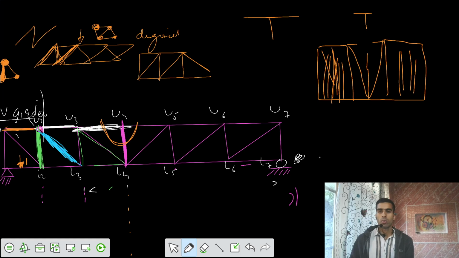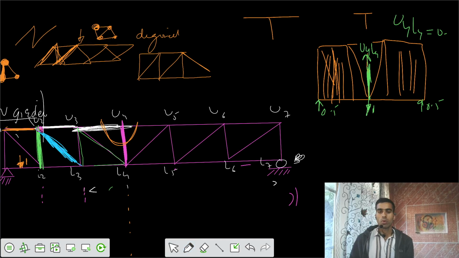Now if I apply the load on this joint, 1, the reaction here would be 0.5 by symmetry. What is the force in this member, U4L4? The U4L4 force would be 0 because all the load is transferred to this point.